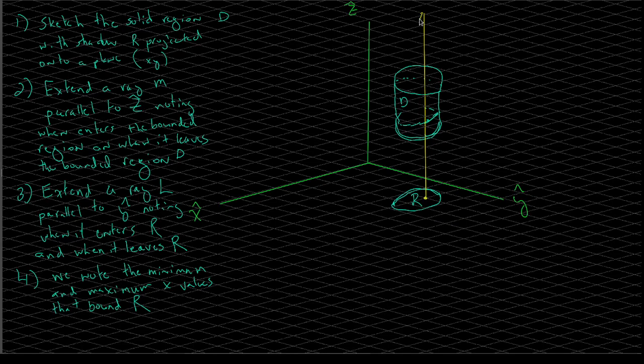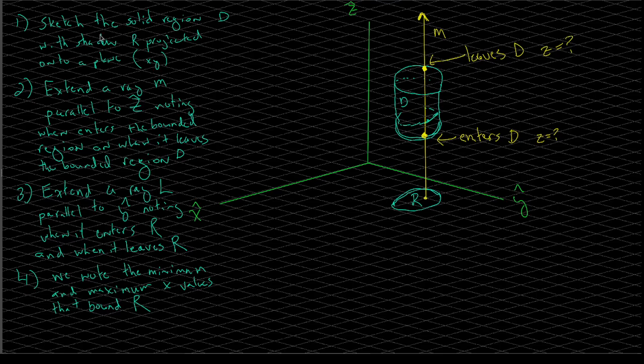And so this is M. And we're going to note how it pierces the bottom and how it pierces the top. And so this is when it enters D, we're going to note what Z is. And when it leaves region D, we're going to note what Z is.